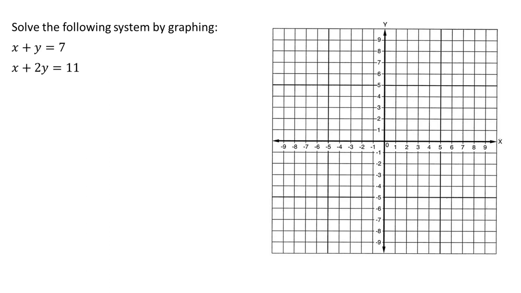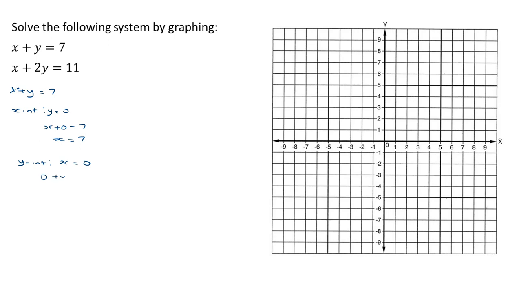So here we have x plus y equal to 7. So for the x-intercept, we have y equal to 0. So x plus 0 equal to 7. So x is equal to 7. Now let's look at the y-intercept. For the y-intercept, x equal to 0.